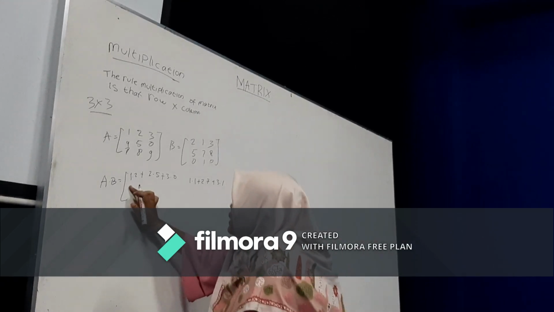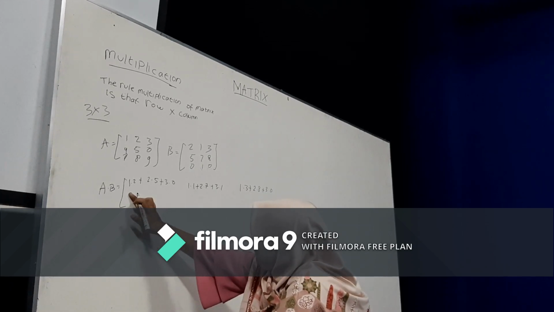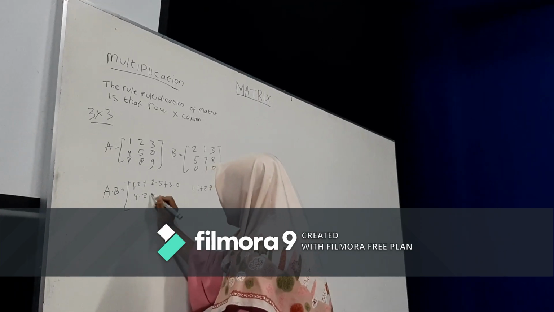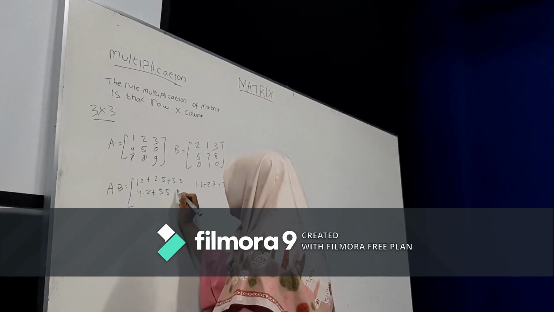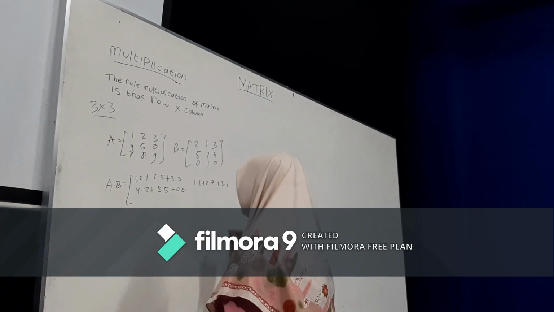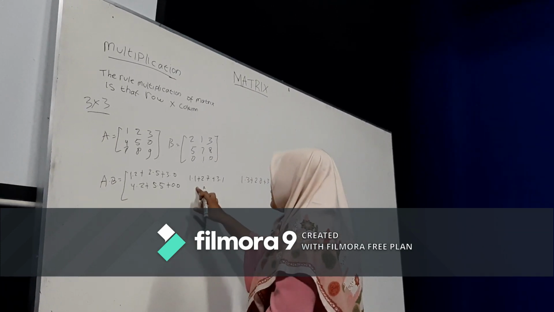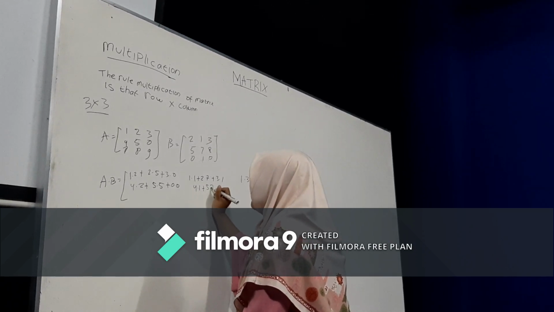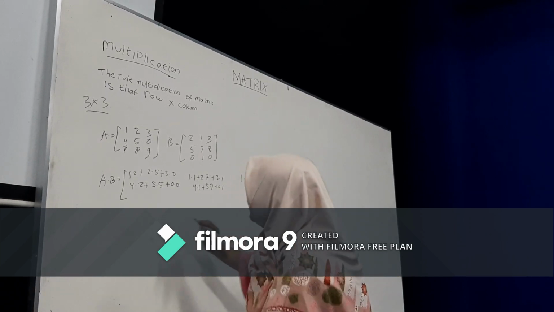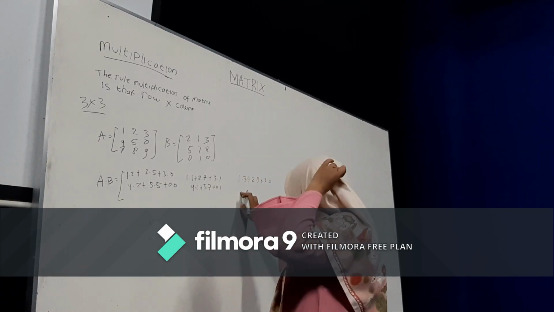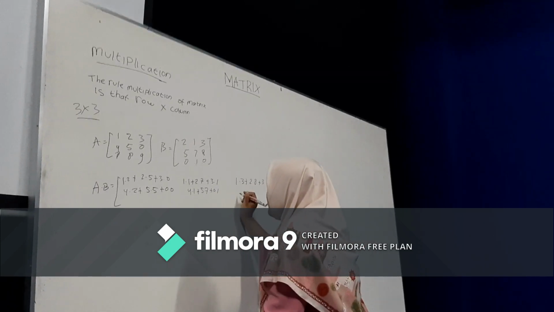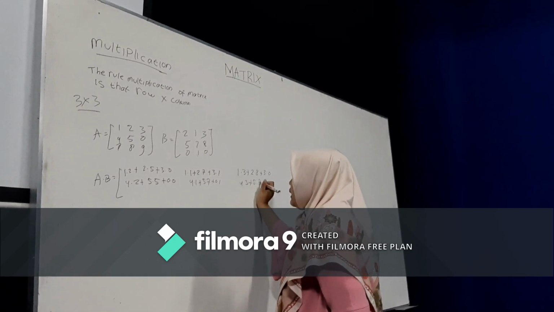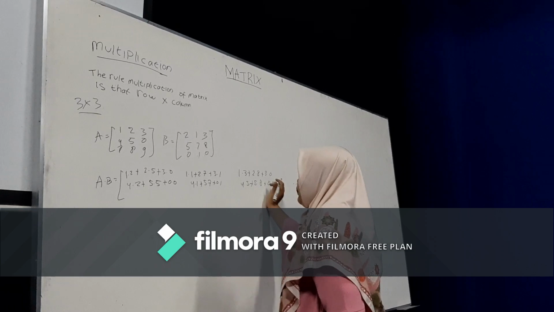Next, for second row, first column is 4 times 2 plus 5 times 5 plus 0 times 0. For second row, second column is 4 times 1 plus 5 times 7 plus 0 times 1. For second row, third column is 4 times 3 plus 5 times 8 plus 0 times 0.